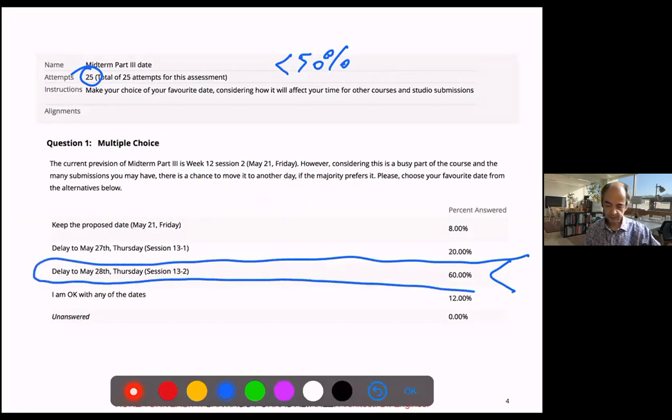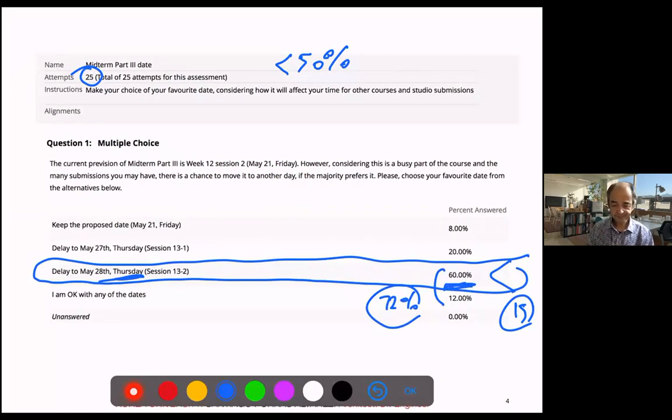About 15 people, the majority, and 60% prefer the latest day. If we add the 12% who said any time is okay, you have 72% of the participants agreeing with it. So let's fix it.